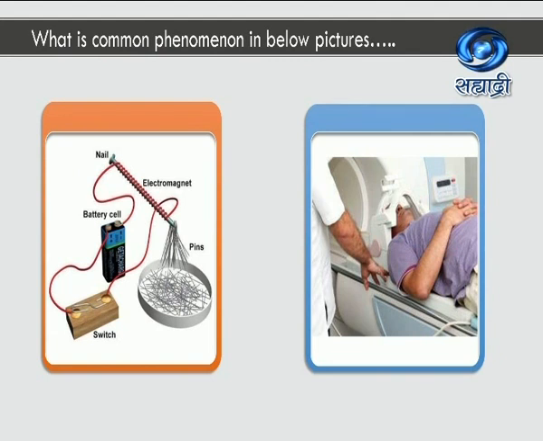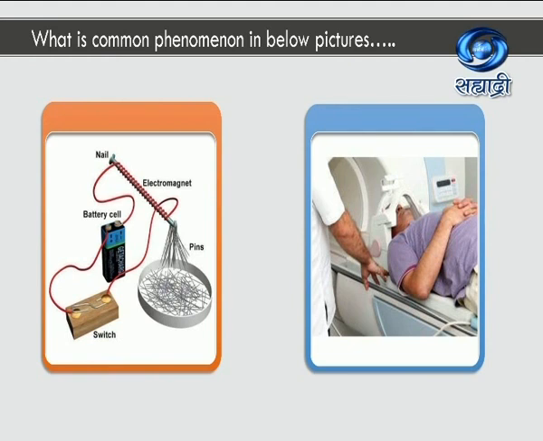As soon as you stop the flow of current, you will see that the needles, the pins, will fall down. The nail which has been temporarily converted to a magnet loses its magnetism. This means that whenever there is flow of current through the conductor, a magnetic field is produced around the coil or solenoid because of that current carrying wire.